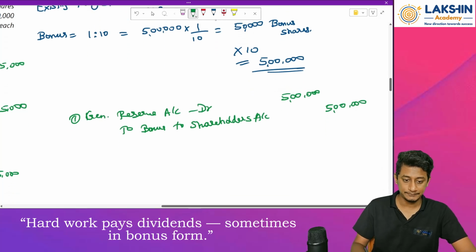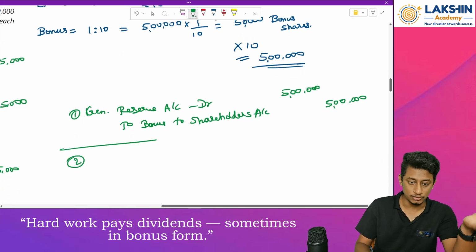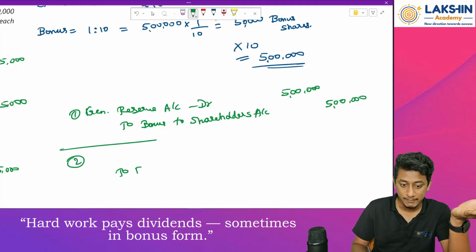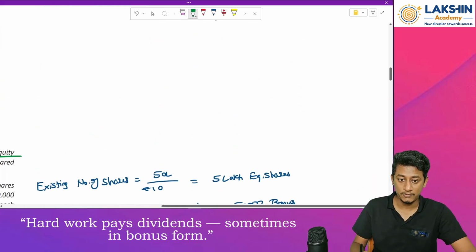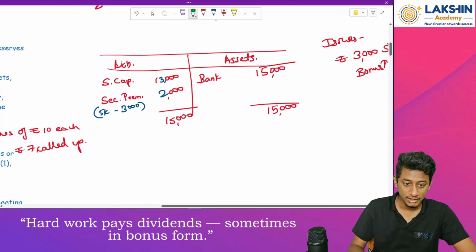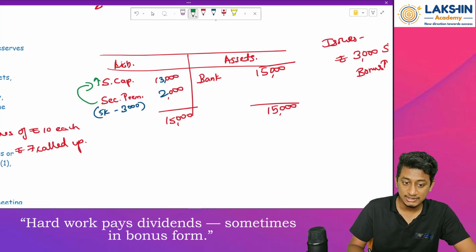Next, after this, part 2, issue of bonus shares. Whenever I issue bonus shares, the entry will be to equity share capital, because now I need to increase the value of share capital. I have told you right before also in this part, securities from the reserves, the balance will be transferred to what? To securities premium. Share capital will increase and securities premium will decrease.